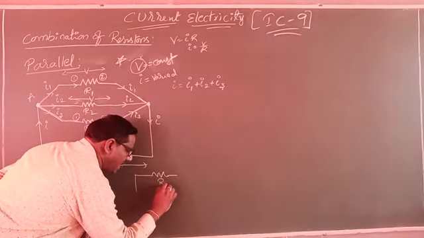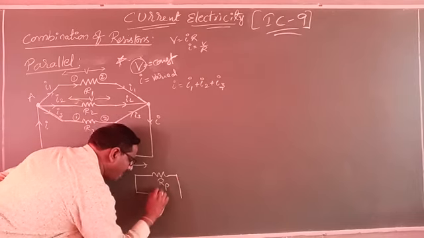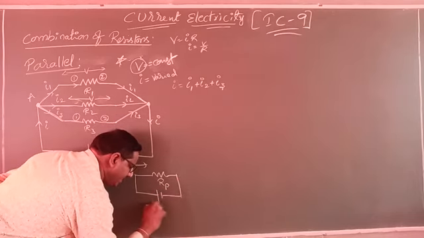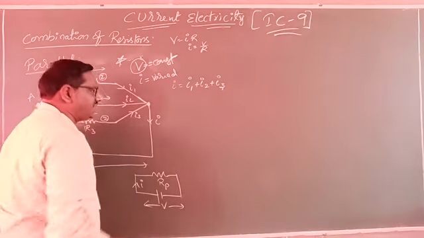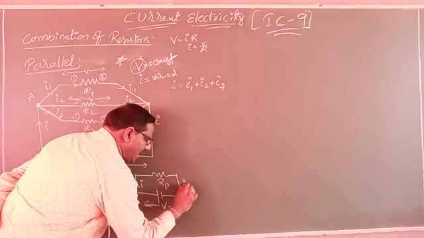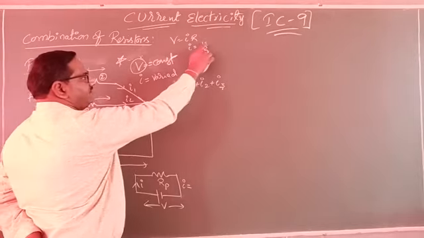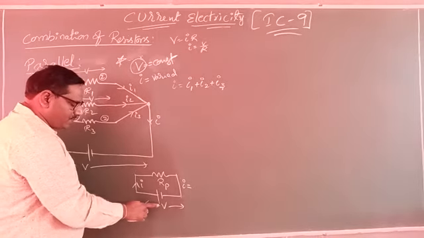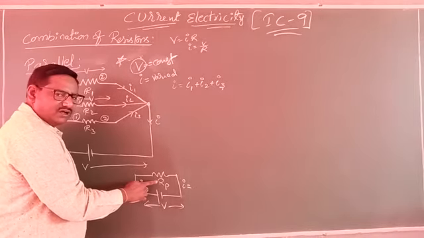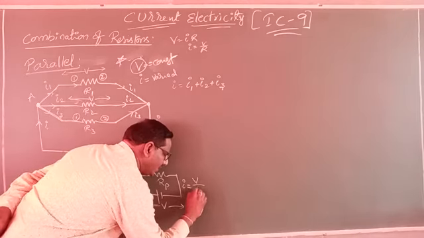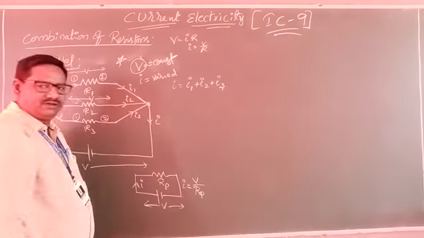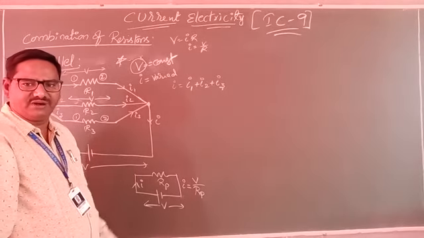This is called RP, and the potential we applied across the cell is V, and the current will be I. Using this circuit, total current I equals V by R. Clear? Here the potential is V. Here the resistance is RP, the equivalent resistance. So what can I write? V by RP. Do you understand clearly? Very, very simple, I wrote the direct step.